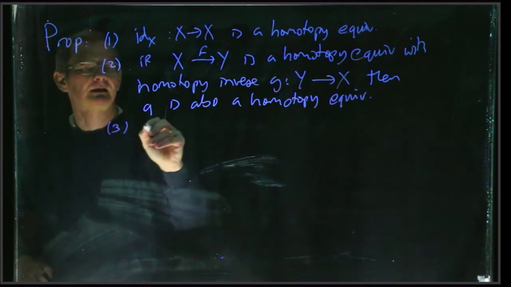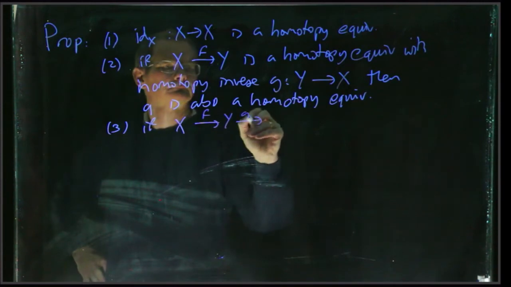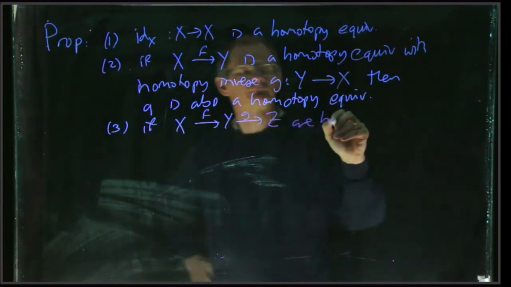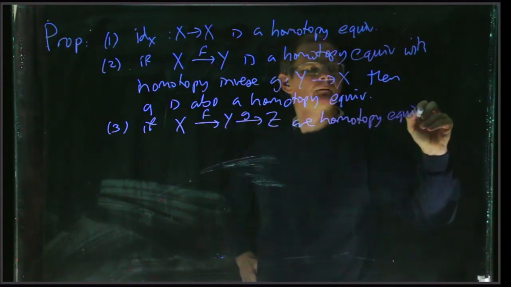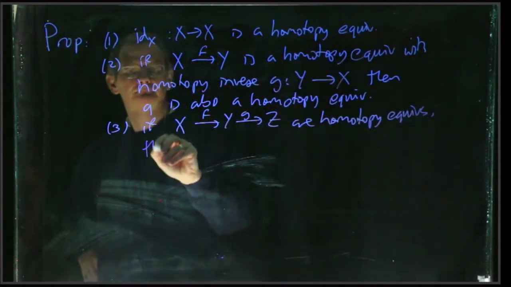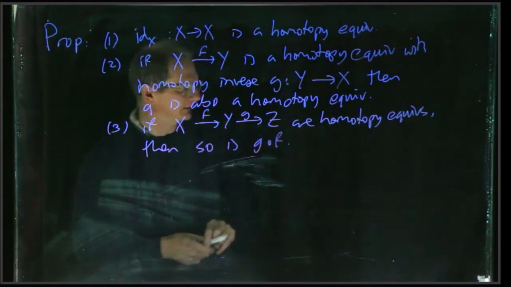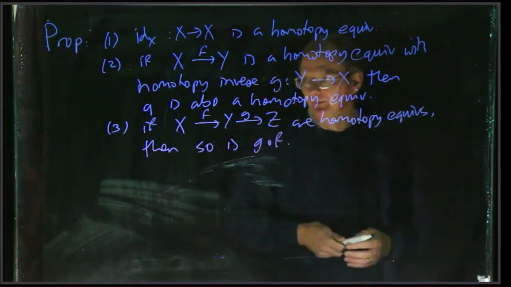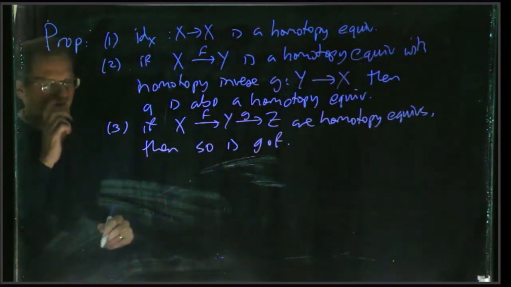And thirdly, if you've got two homotopy equivalences, then you can just compose them, and that's still a homotopy equivalence.